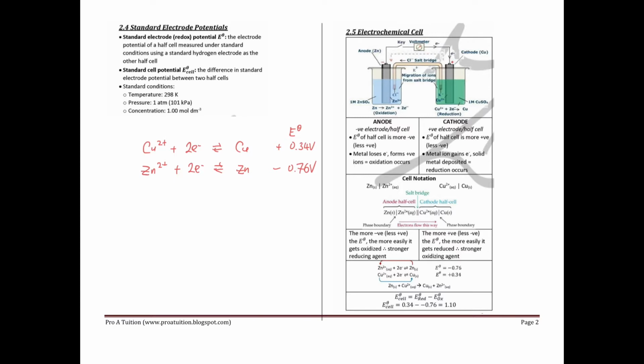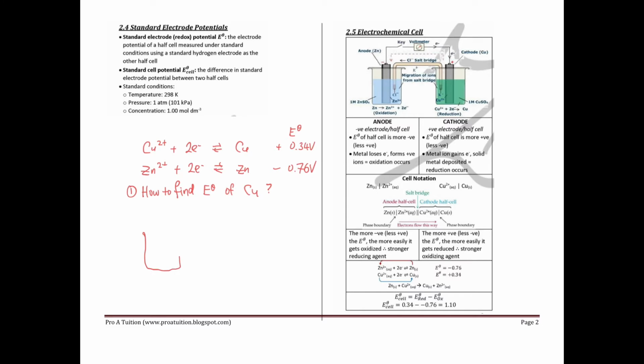Case 1: how to find E theta of Cu. According to the statement, you have to set up a half cell which involves copper.